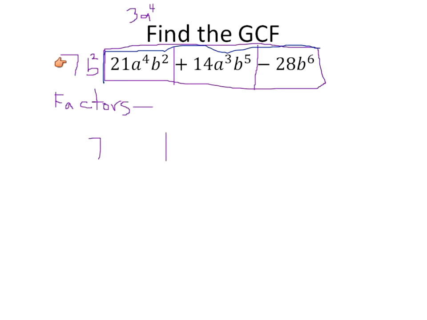Okay, is that times this going to give me this? Yeah, I see some people shaking their heads. How about this one? What number times 7b squared is going to give me this number here? I need a 2 there, because 7 times 2 makes 14. What about the a's?